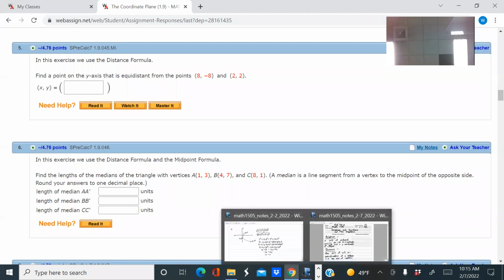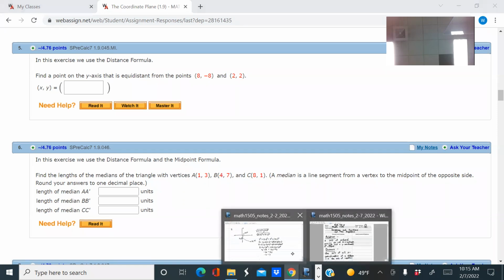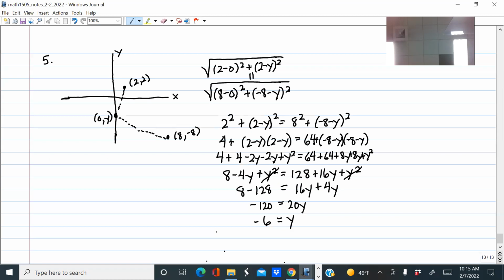So again, let's make a picture here. Did y'all write those 3 points down for me? 1, 3, 4, 7, 8, 1. Let me see if I can scribble this.